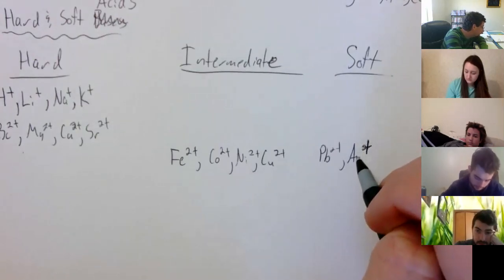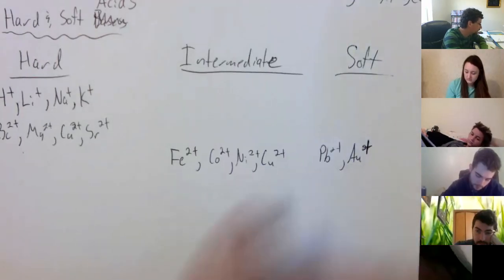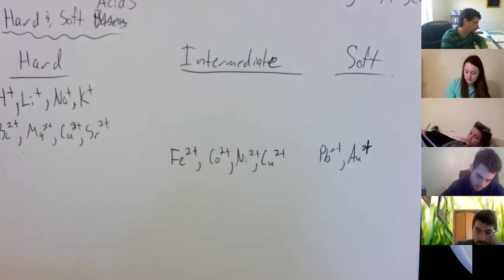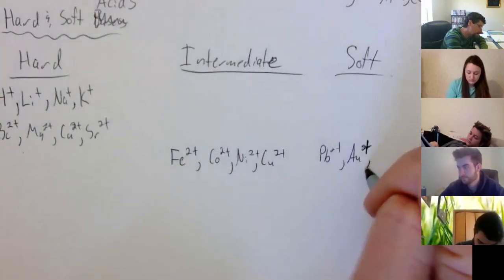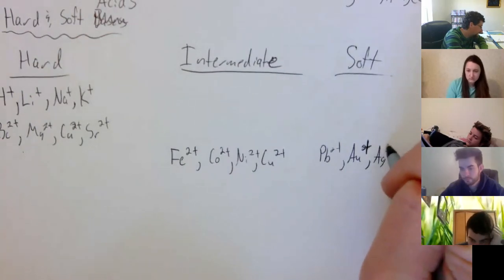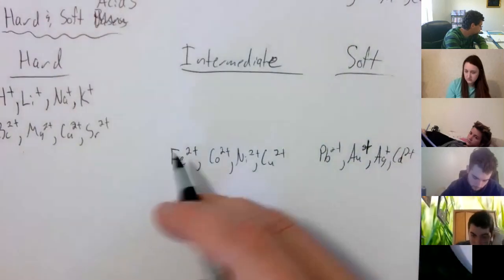Tin, Sn. I don't really know where tin would lie. I think that one would be a bit harder, but I don't know. Since we have gold, we also have silver, cadmium 2 plus.